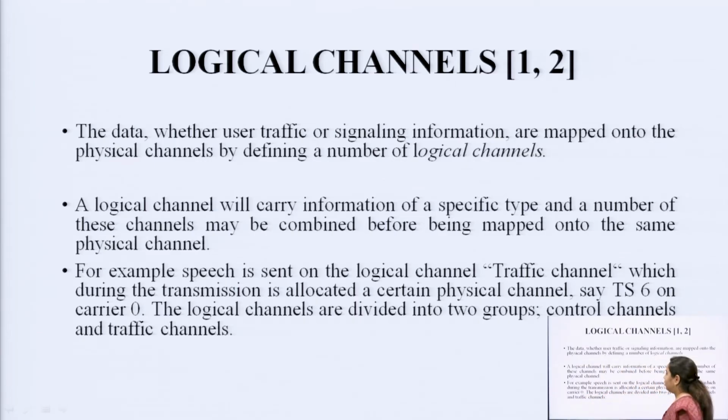The data, whether user traffic or signaling information, can be of two types. It can be traffic. Traffic means the data or the speech signal that you want to transmit, it does not contain any kind of synchronization data. And why is synchronization or signaling data required? Because in case of communication, definitely modulation is done at the transmitter side and demodulation is done at the receiver side. For the purpose of this modulation and demodulation, we require a carrier signal, a carrier frequency.